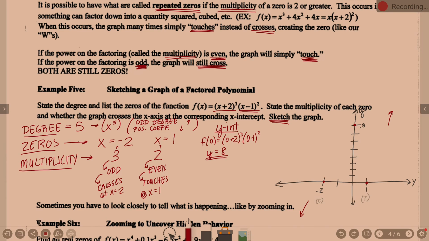What's going to happen is it kind of just does a little jog there. The larger the multiplicity, the more it will flatten out as it goes through there, okay?